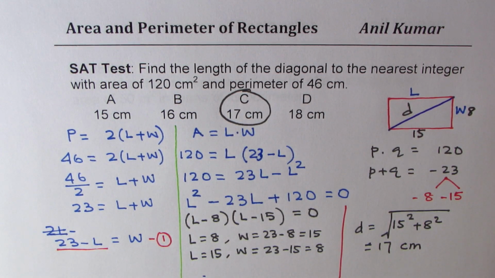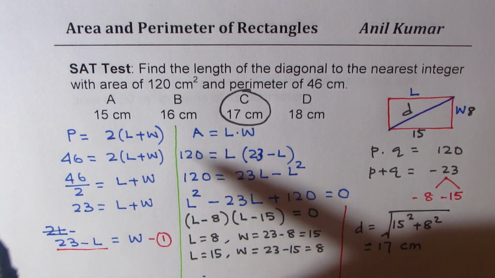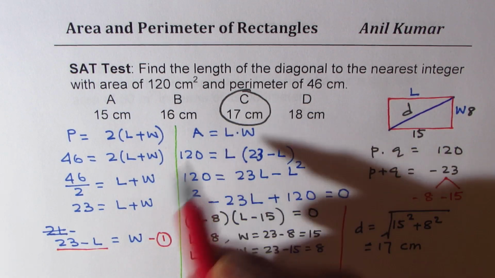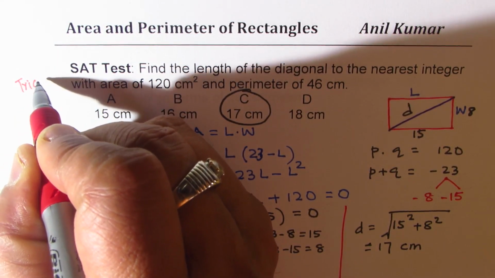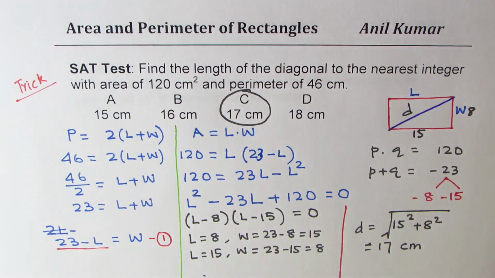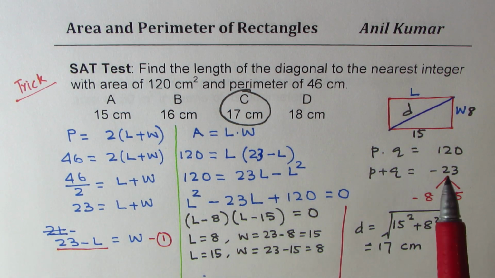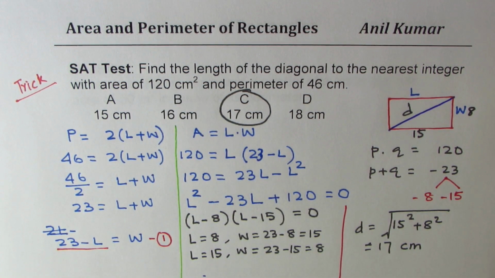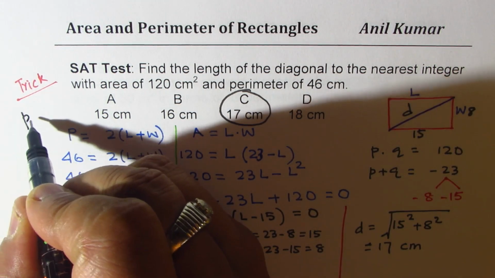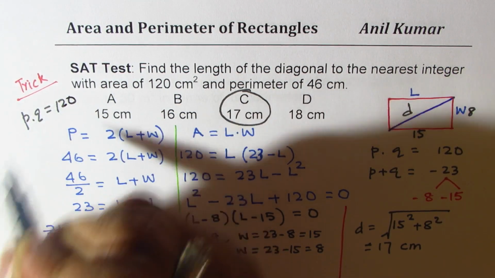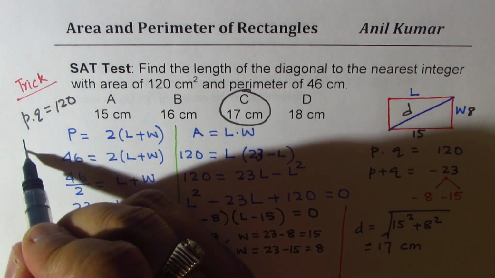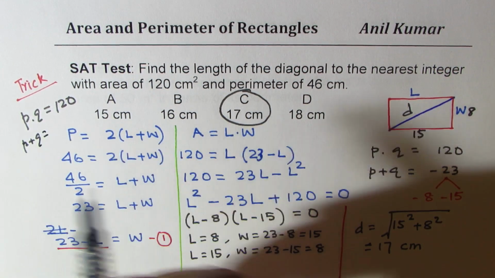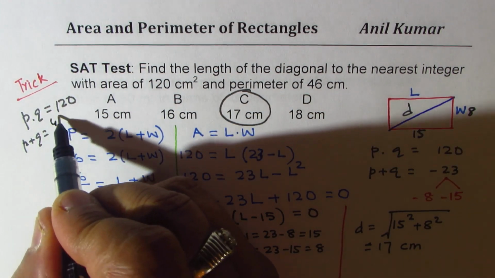You see that. Now I took time to find the solution only to explain the process. However, it was simple. Now there's a trick. Let me give you a trick. The trick to solve these questions is what you found here: the area is 120, so look for numbers whose product P times Q is 120 and whose sum P plus Q is half of the perimeter, which is 46.